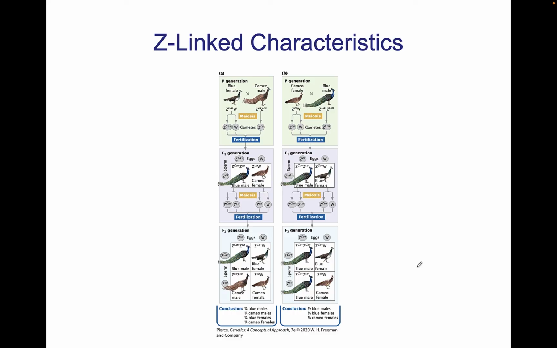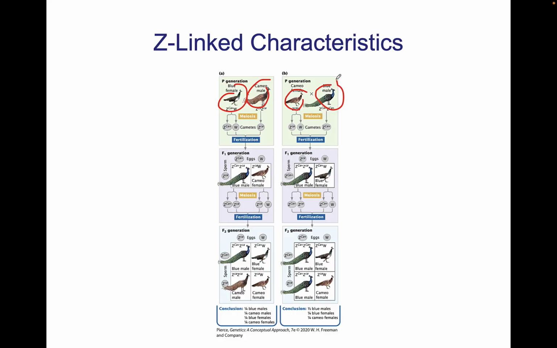So you'll see that blue females were crossed with a cameo male, as you see here, and then in the reciprocal cross, it's just the opposite. You had a cameo female crossed with a blue male, and they looked at the result of doing the opposite, or cross-linking the two.